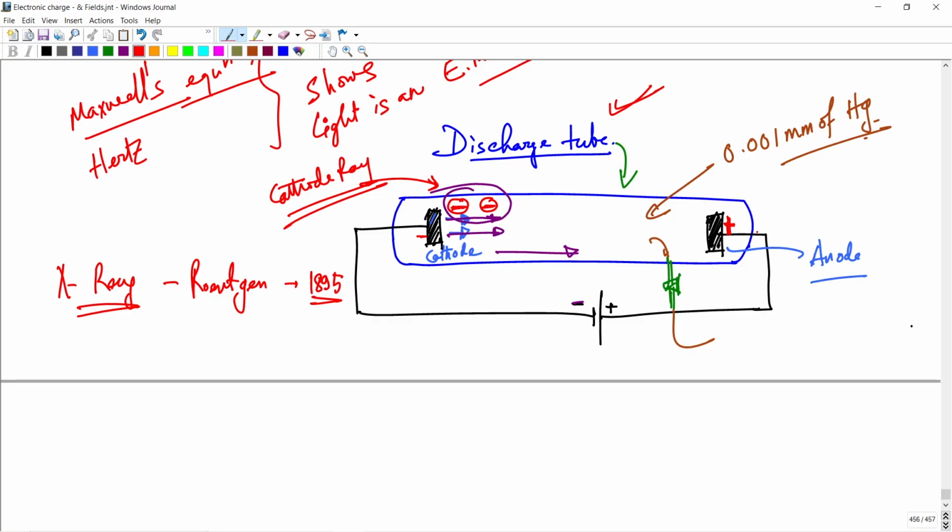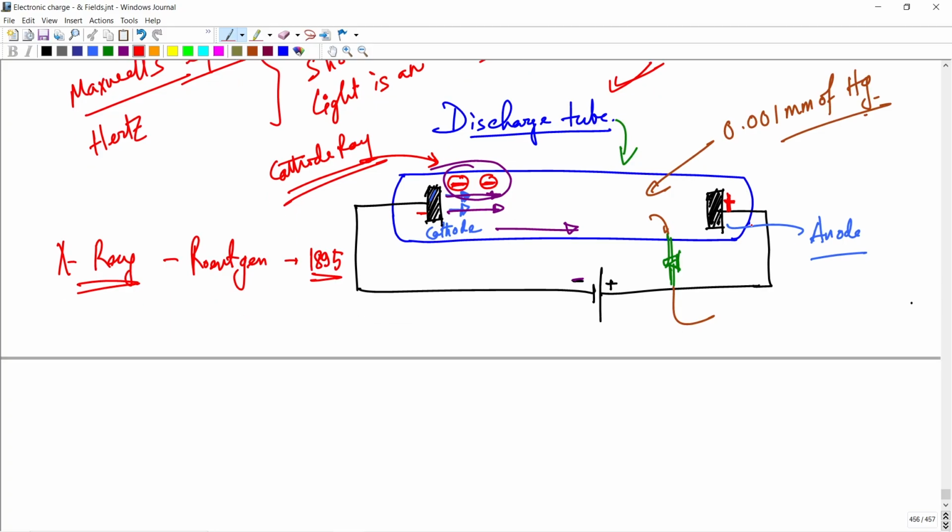Two years after the X-ray discovery, the electron was discovered by J. J. Thomson in 1897.